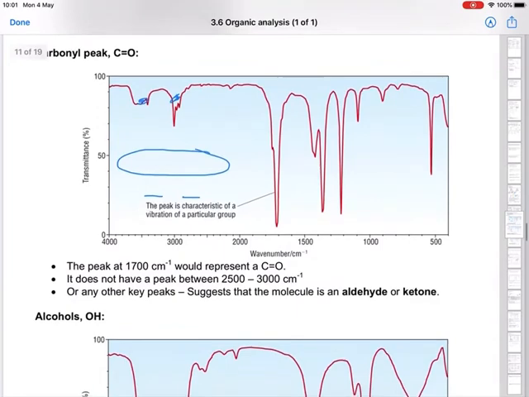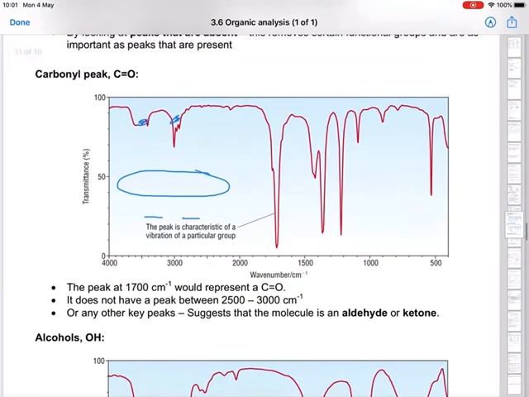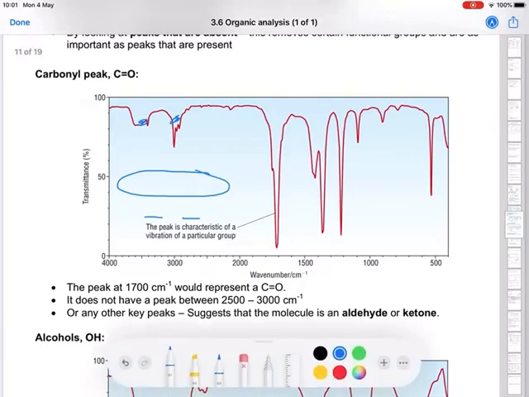So that's the kind of thing we're talking about when we're looking at these. Now, there are certain key peaks that you need to look out for or be aware of. And of course, you can't do any of these without the data sheet. And as I say, if you haven't got the data sheet, you need to use the previous page in here. So this peak here, the one I'm about to put a star on, if you read where it is on this scale here, it's at 1700, okay?